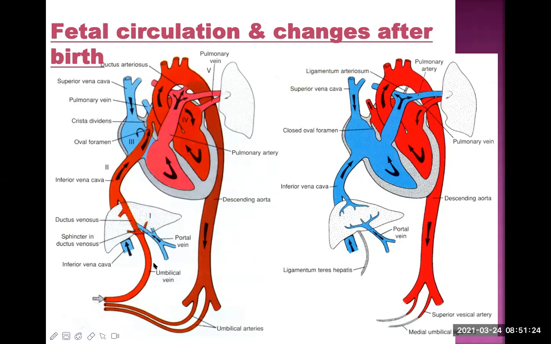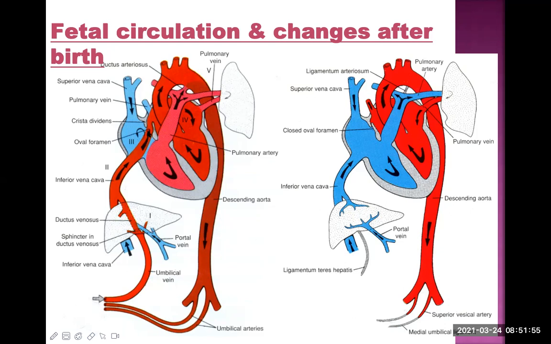This umbilical vein, okay, bypasses the liver with the help of the ductus venosus and drains into the inferior vena cava. Now this is a different stream of blood. So this inferior vena cava is draining deoxygenated blood as well. Look at this blue one. Okay, it's the same blood vessel. So these are two streams of blood which are flowing there, one stream is oxygenated, and another stream is deoxygenated.